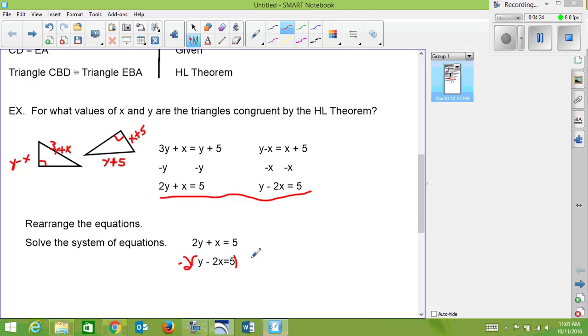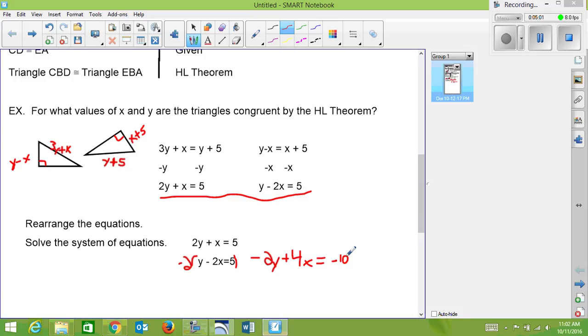So -2 times y is -2y. Then -2 times -2 would be a plus 4x. And then you have to also take the -2 times that 5, so it equals -10.